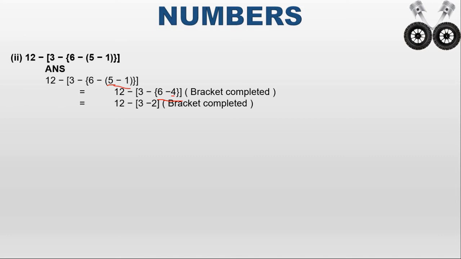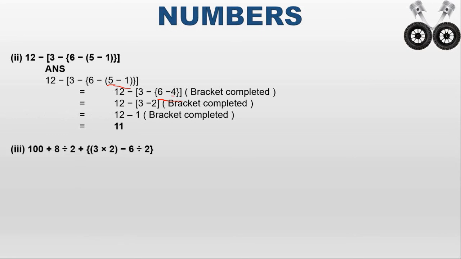Now which should be executed? The square bracket. The operator is minus and the operands are 3 and 2. So 3 minus 2 is 1. So 12 minus 1 is 11. Okay. So what is the next one?